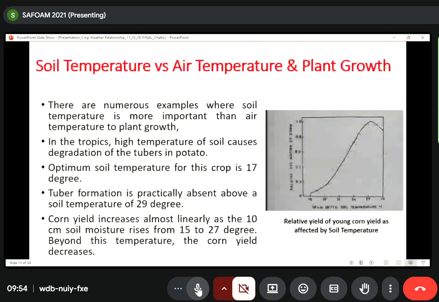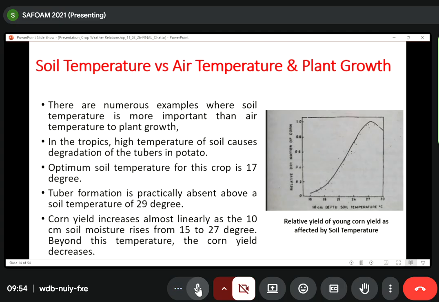Now, you see soil temperature versus air temperature. What I said is that air temperature has more influence than soil temperature. High temperature of soil causes degradation of the tubers of the crops. So when we cultivate potato, we should know what the temperature of the soil could be at a particular period, so that it should not affect the tubers.